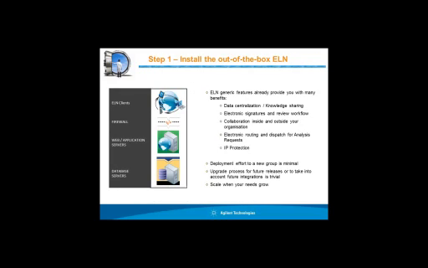So what are the steps I recommend to achieve that? First of all, you will start by installing an out-of-the-box ELN. Depending on how you start, it could be very simple with 2 clients, 1 application server, and a database server. But by doing so, you already benefit from a lot of the generic ELN features that the system provides today, like the ability to centralize and secure data into one place, to be able to start knowledge sharing.